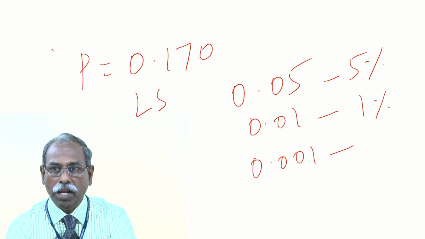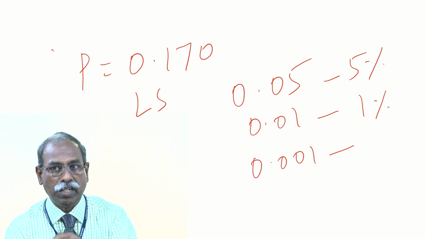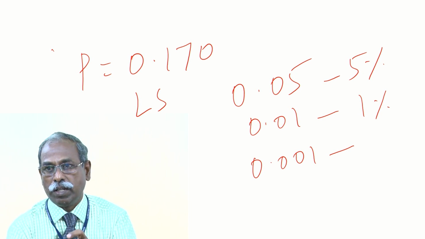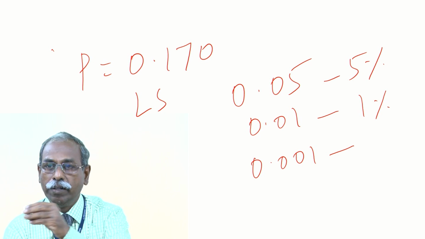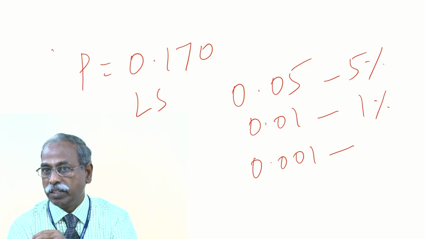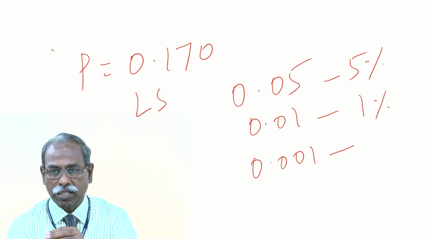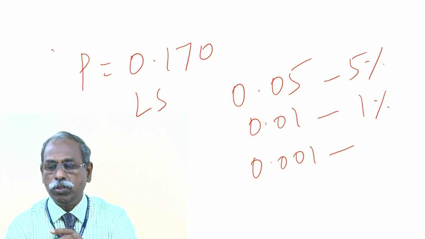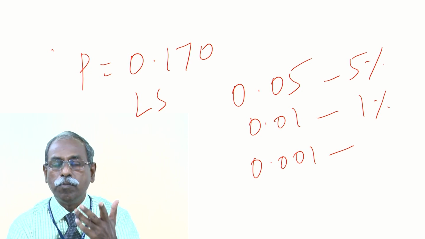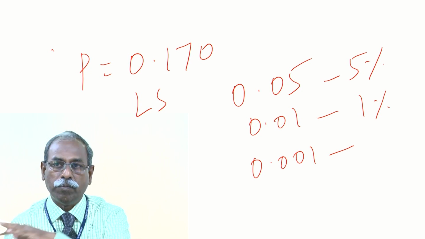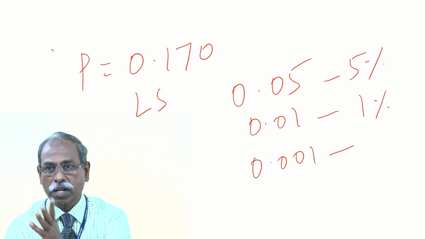So generally we consider three levels of significance. But social science researchers, like those from psychology, education, physical education, or arts, are allowed to take the 5% level because there are so many uncontrollable factors. Most of that research collects data from the outside environment, from the field or survey.